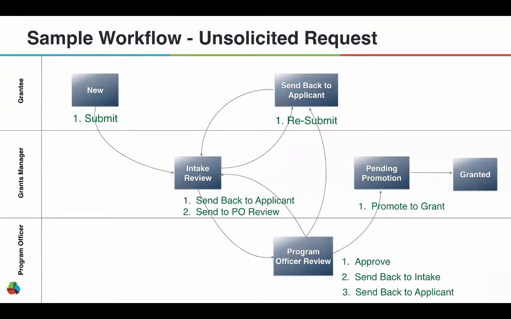So returning back to our workflow, we can use the swim lanes to determine who the allowed roles are in this particular example. The grantee should be selected on the Submit button on the New state, and the Resubmit button on the Send Back to Applicant state. The Grants Manager should be selected for all the buttons on the Intake Review and Pending Promotion states.